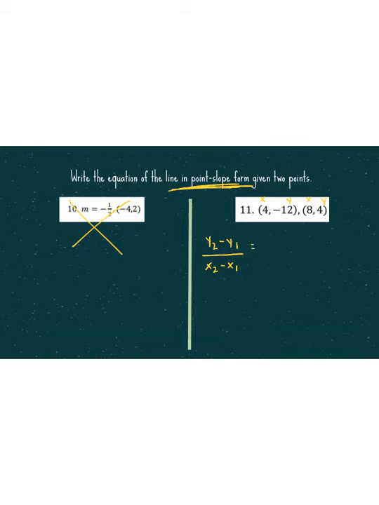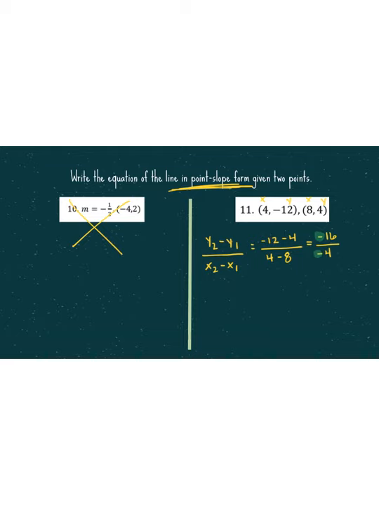So I'm saying negative 12 minus 4 over, now I'm going to find my x's, 4 minus 8. Okay, negative 12 minus 4 is going to give me a negative 16, and 4 minus 8 is going to give me a negative 4. Okay, remember when we talked about that if you have a negative in your numerator and in your denominator, it turns into a positive.